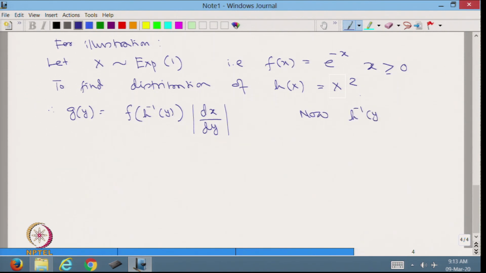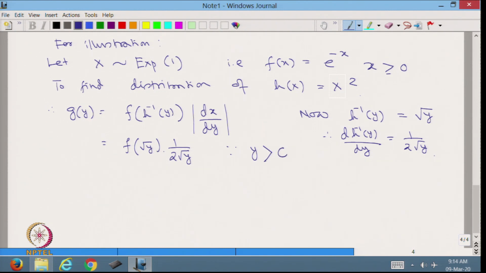Now, h inverse of y is equal to root over y. Therefore, d h inverse of y dy is equal to 1 upon 2 root y. Therefore, this equation becomes f at root y multiplied by 1 upon 2 root over y, since y is greater than 0. Therefore, this is valid.